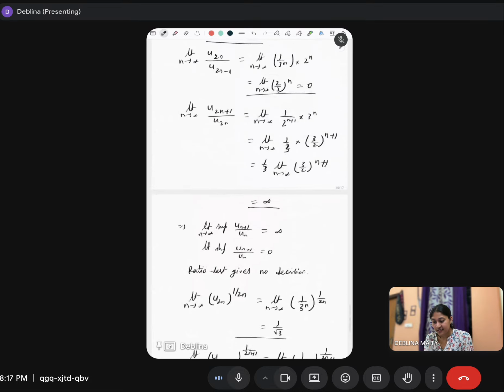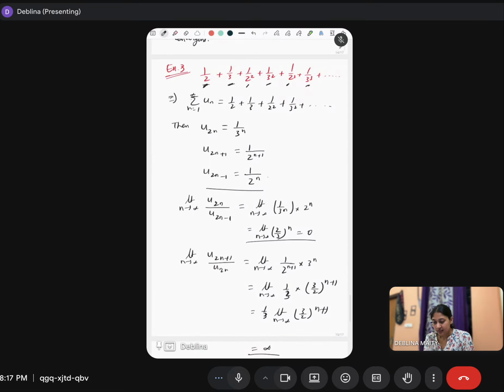So here we see that this root test is more powerful than the ratio test, right? In this series the ratio test fails, but the root test gives a decision on whether it is convergent or not, right?